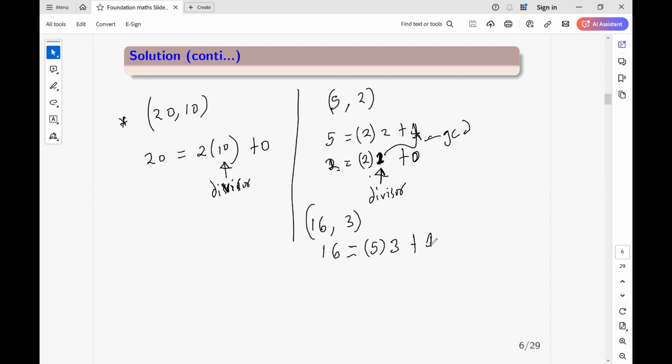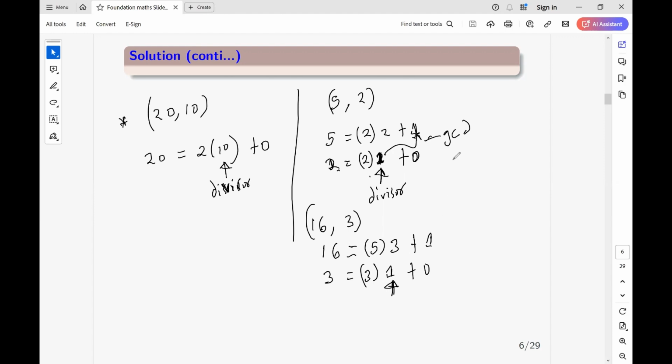This example is like the first one. Let's just complete it. Then we say 1 into 3 goes 3 times, and the remainder is 0. So the divisor at the point when the remainder is 0 is the GCD.